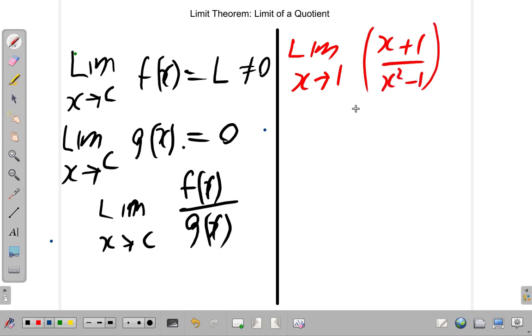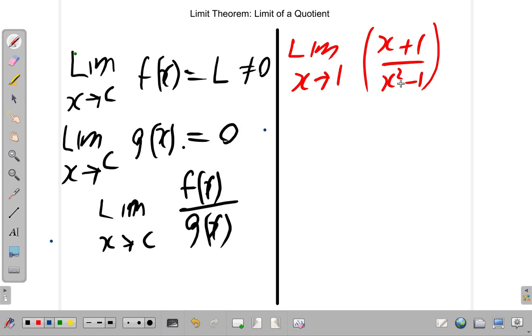Okay, what will that amount to? If we plug the 1 directly here, you will have 1 plus 1 divided by 1 squared minus 1, which is 2 divided by 0, since 1 squared is 1 and 1 minus 1 is 0. Can't work. So we see if we can change up this function in any way.